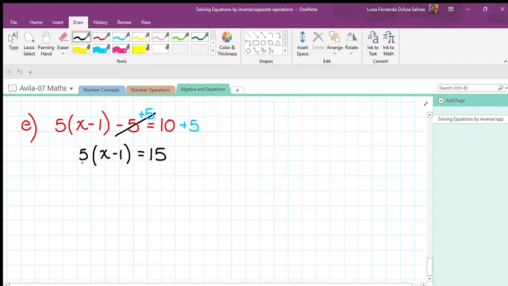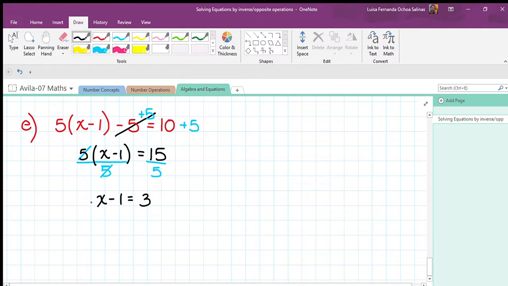What am I going to do? Again, I cannot do what is inside the brackets because that will be the last priority. So first I have to undo this times 5. How do I undo it? I divide both sides by 5. Everything divided by 5, and this cancels, which means that this becomes x take away 1 equals 3.